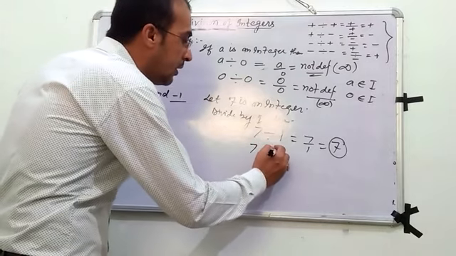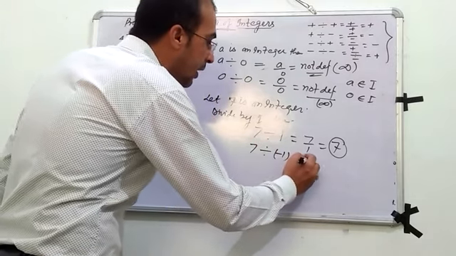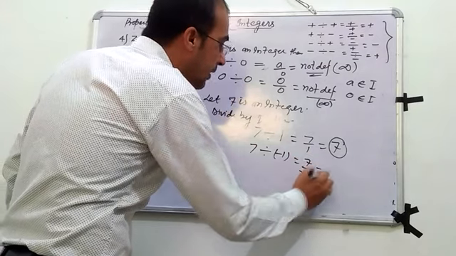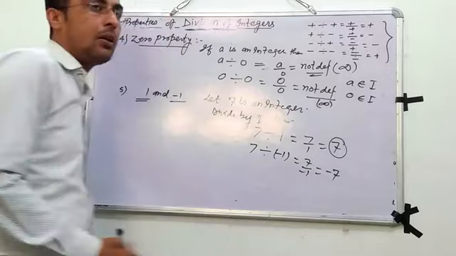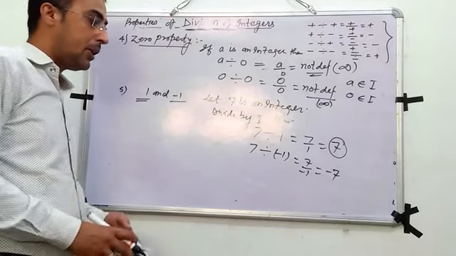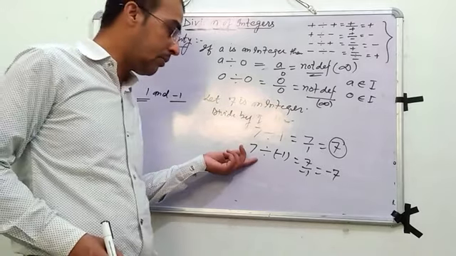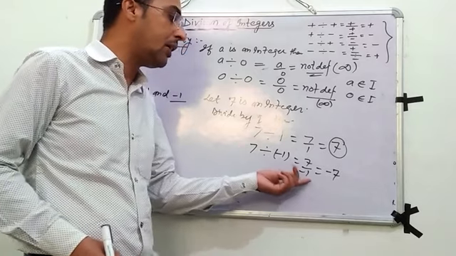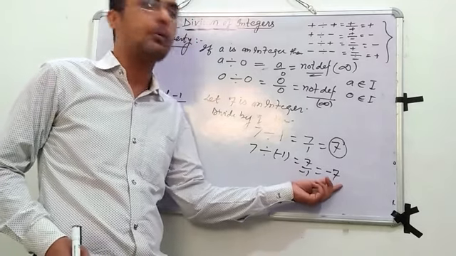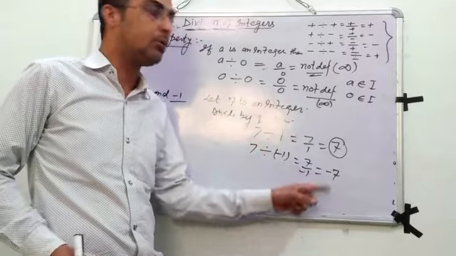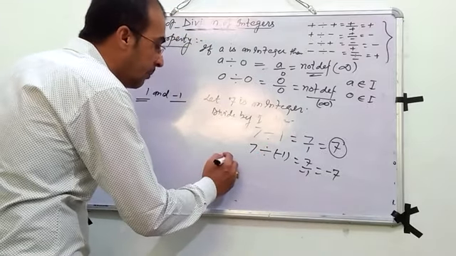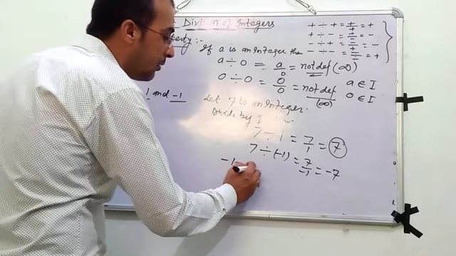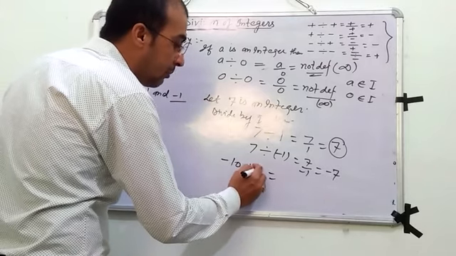7 divided by minus 1. Its value is always negative with the same integer. It means 7 is positive here, but when you divide by minus 1, the sign will change. Positive will change into negative. Suppose another example, I am taking minus 10 divided by minus 1.